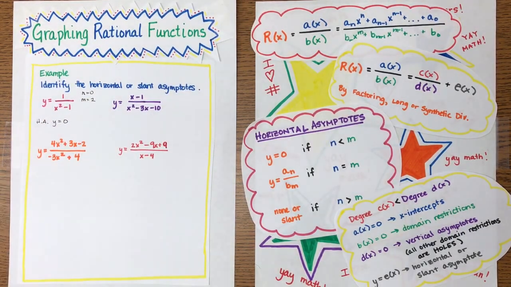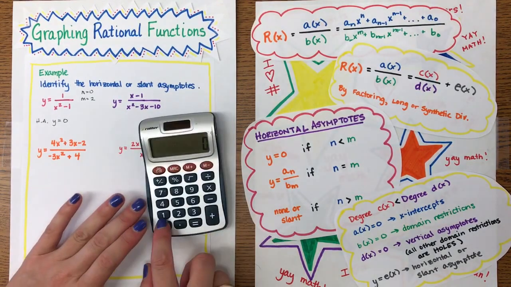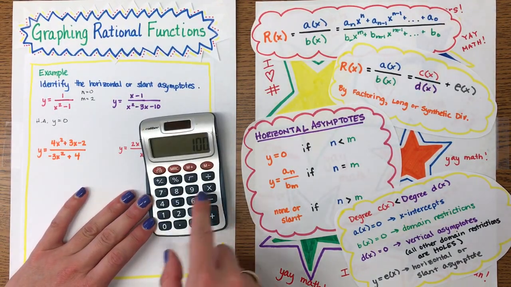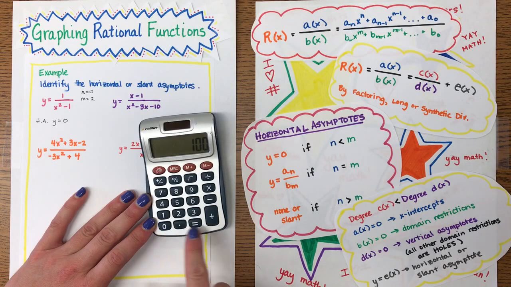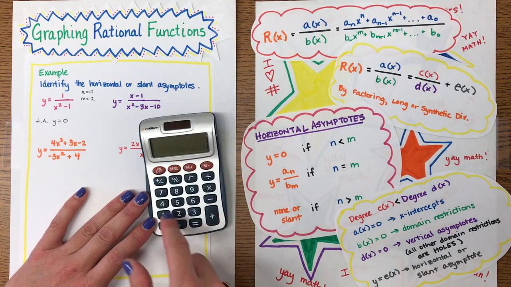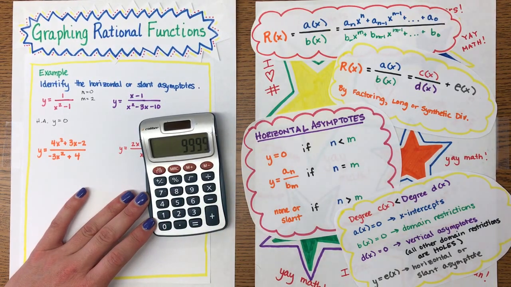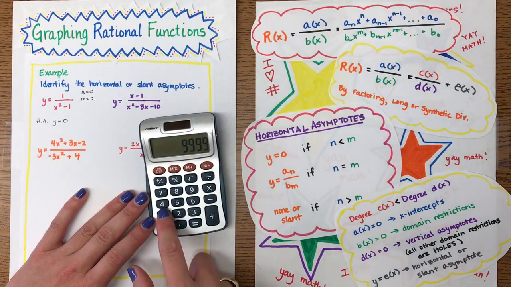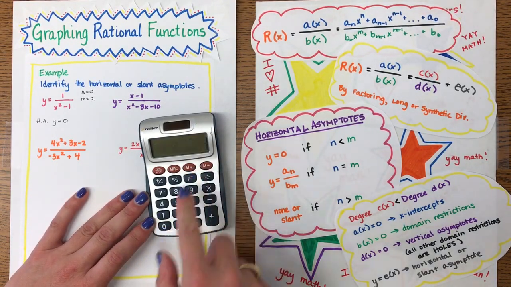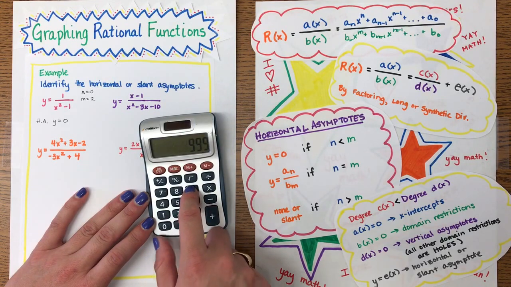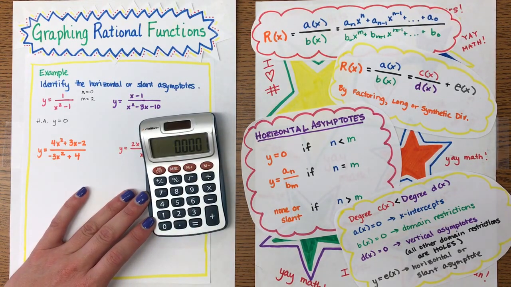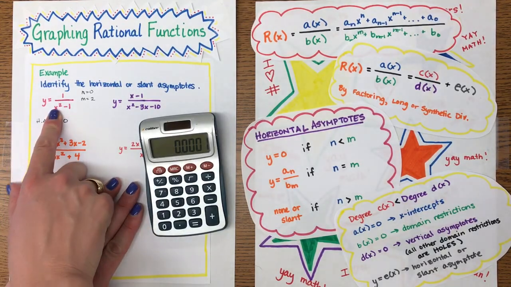Let's think about this. If x gets really, really big, so let's say x is 100, the denominator is going to be 100 squared minus 1, so that's 9,999. If I take 1 divided by 9,999, I get 0.0001. This denominator is going to be getting bigger and bigger.